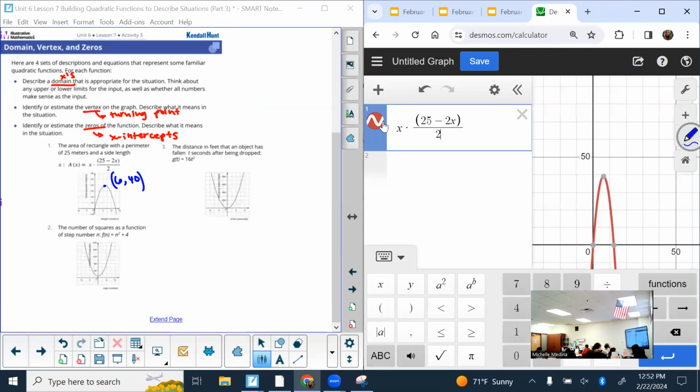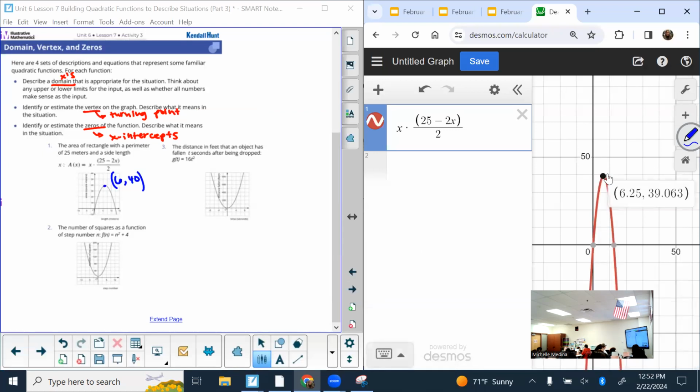All right, everyone see how I just copied it exactly? And now I can click on it. My vertex is approximately 6, 40, but it is exactly 6.25, comma, like 39.06. That's it exactly. This is more of an estimate. Questions on that?